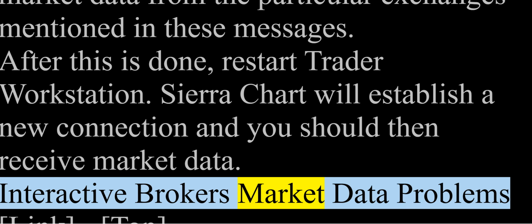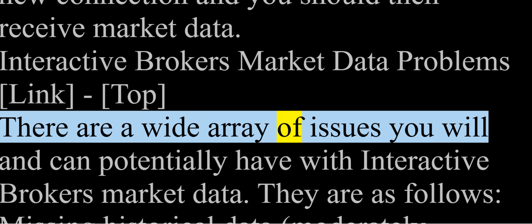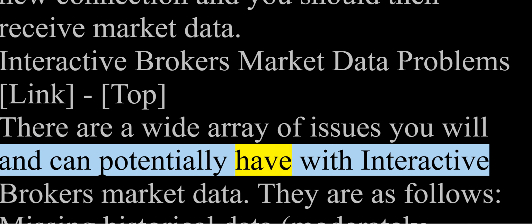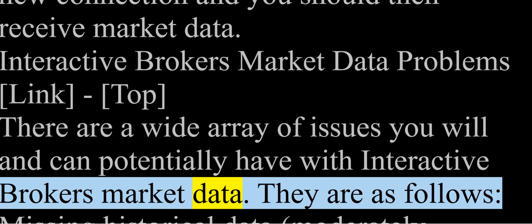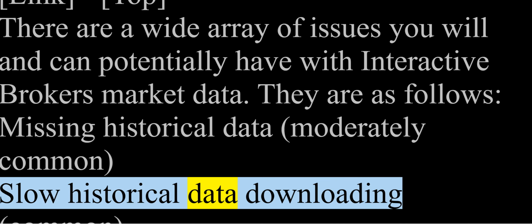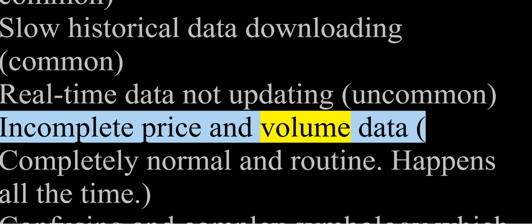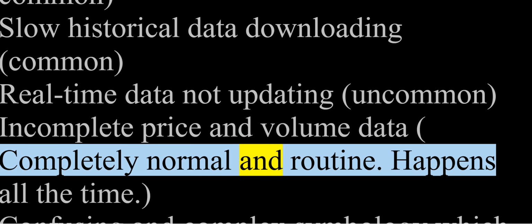Interactive Brokers Market Data Problems. There are a wide array of issues you can potentially have with Interactive Brokers market data. They are as follows. Missing historical data, moderately common. Slow historical data downloading, common. Real-time data not updating, uncommon. Incomplete price and volume data, completely normal and routine.